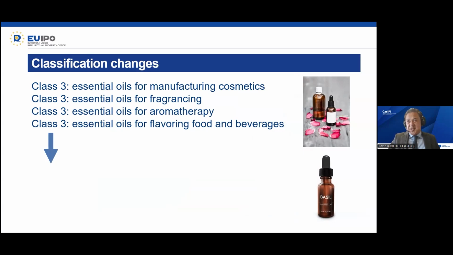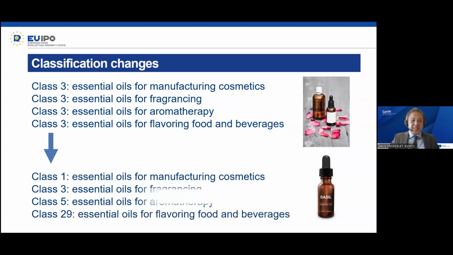In the previous edition, so in the 12th edition, we had these terms in class 3. So essential oils for manufacturing cosmetics, for making fragrances, for aromatherapy, and also for flavoring food and beverages. Now, these all went to different classes.